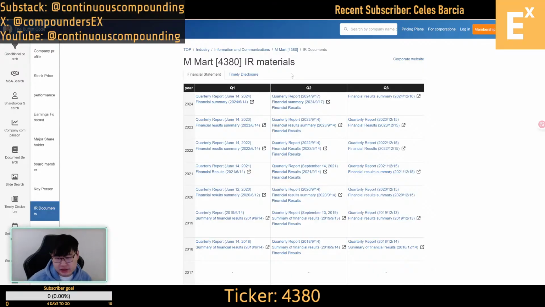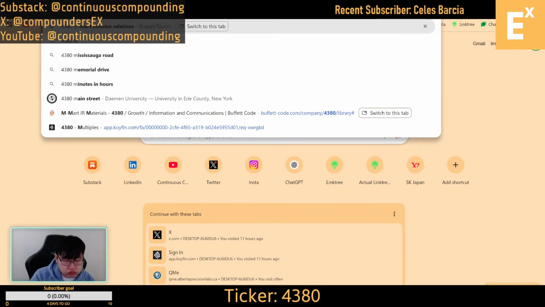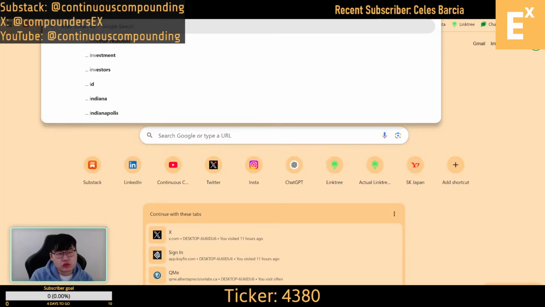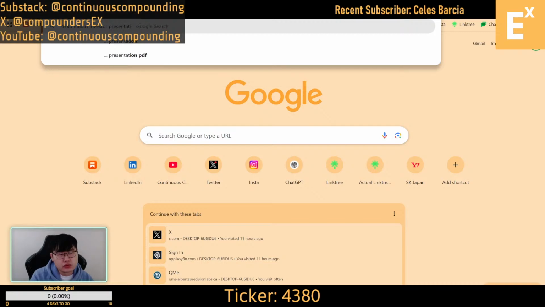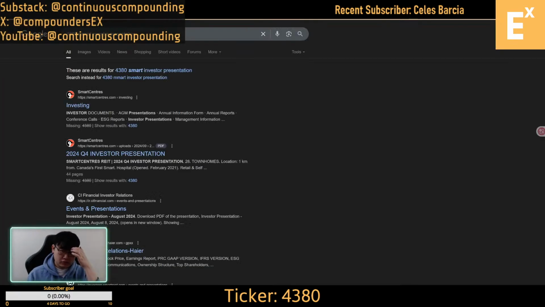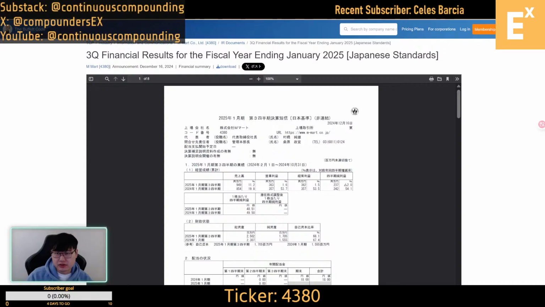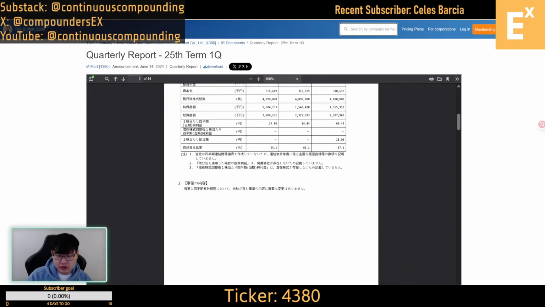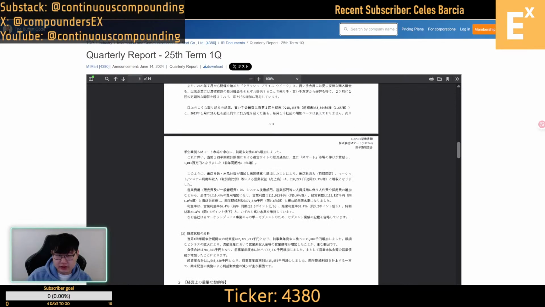Where else can I access their IR? I'm just wondering. I guess I could just download the securities report that they have and go through that. That could work too.